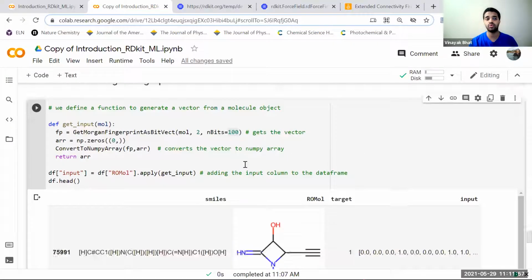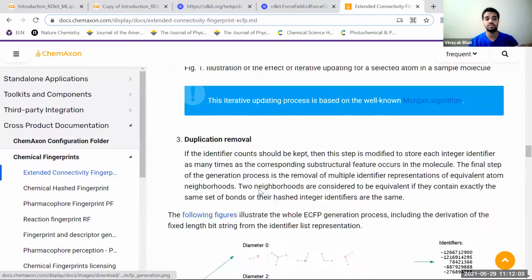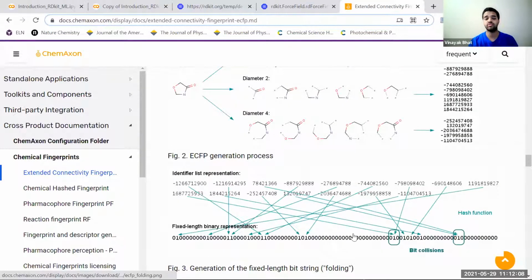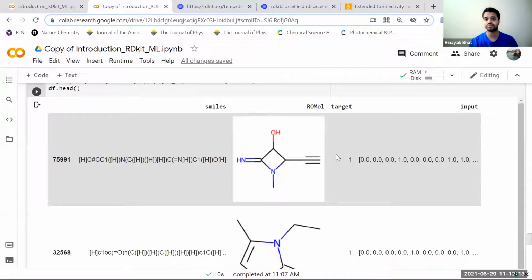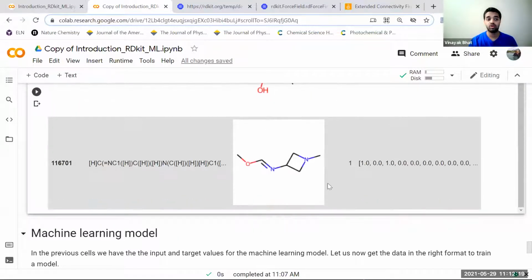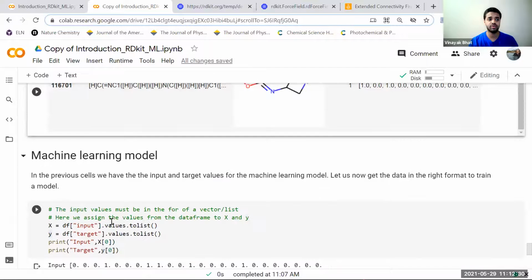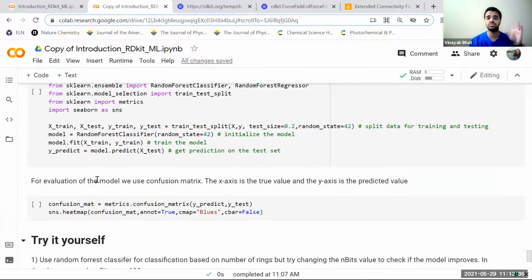The fingerprint is a way of representing this molecule, and if you go into this extended thing, they'll show you how to represent that molecule. Each one of them should have a unique fingerprint, so that each molecule can be represented uniquely. Because the model does not know this image, it cannot see that image. You can do machine learning models for vision and image analysis, but that's a whole different story. Here we are just trying to have a vector of zeros and ones as the representation for this, and those will be unique.